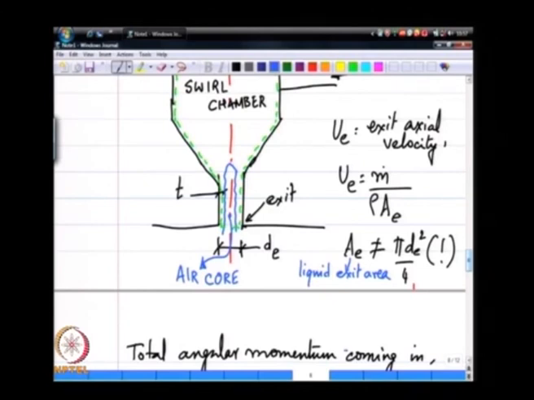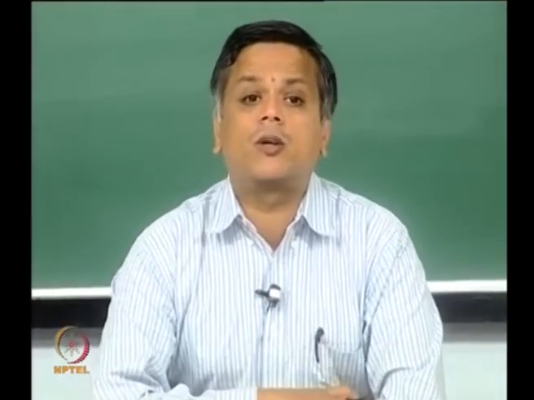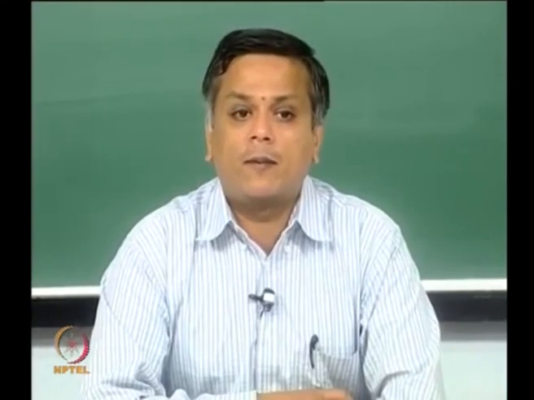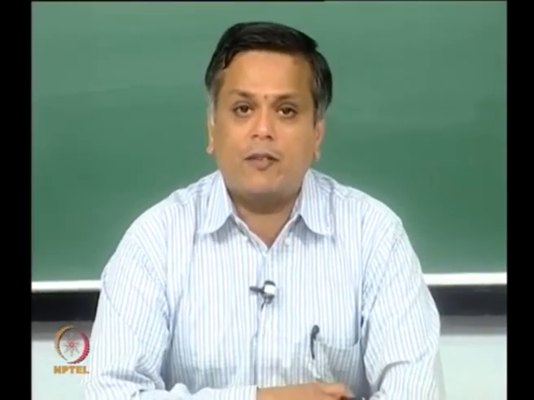In reality though, this is the reason pressure swirl atomizers are very attractive, because I can have a very large exit orifice dE, and by appropriately changing the swirl geometry upstream, I can cause the film thickness to become thicker or thinner.